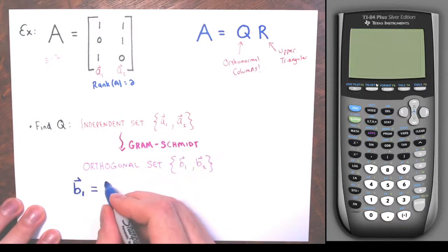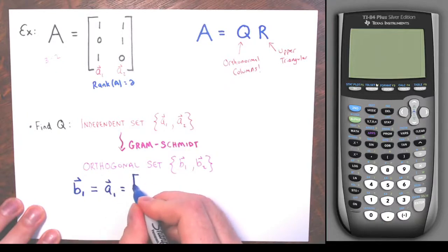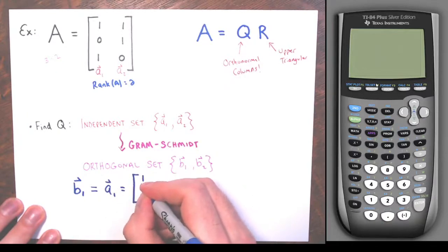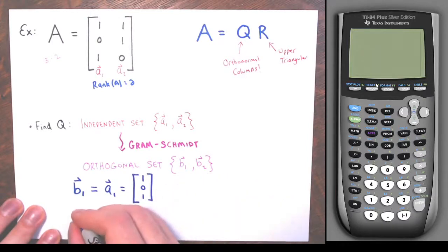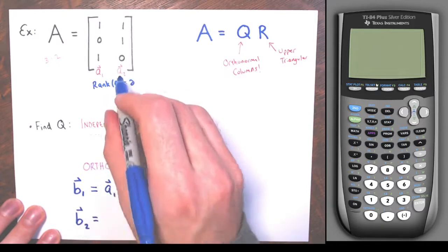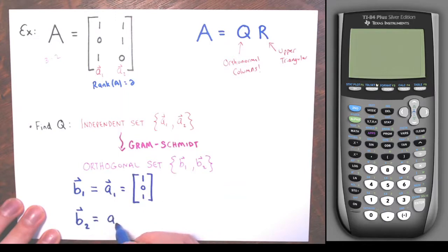So b1 is a1, this vector 1, 0, 1. And then the second vector from the orthogonal set, b2, is just a2 minus the projection of a2 onto the previous vector from the orthogonal set. Well, there's only one previous vector, so just onto b1.